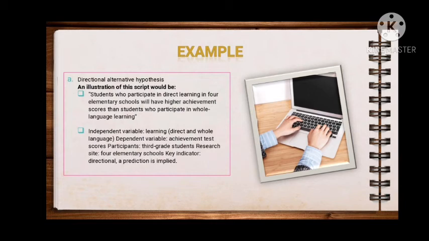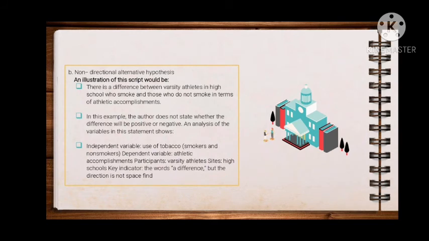Now we explain the non-directional alternative hypothesis. For example, an illustration of this script would be: there is a difference between varsity athletes in high school who smoke and those who don't smoke in terms of athletic accomplishment. In this example, the author does not state whether the difference will be positive or negative.